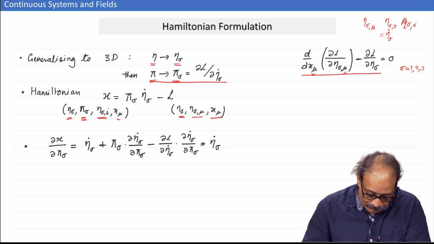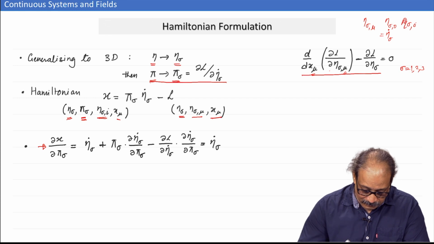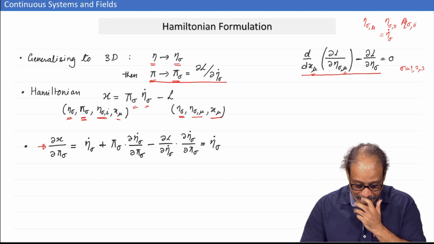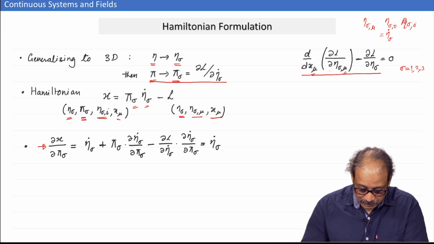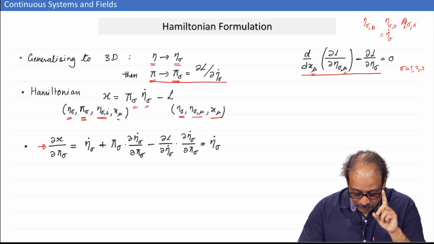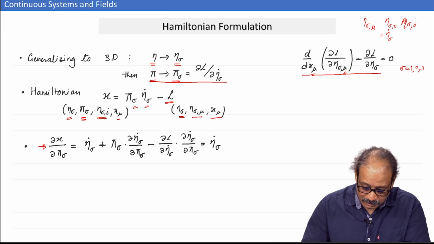If I want the partial derivative of the Hamiltonian density with respect to pi sigma, that is very simple, because you have pi sigma here. So, when you take a derivative with respect to pi sigma, I get eta sigma dot, and then pi sigma into the partial derivative of eta sigma dot with respect to pi sigma, minus, now the Lagrangian depends on the pi sigma variable through here.